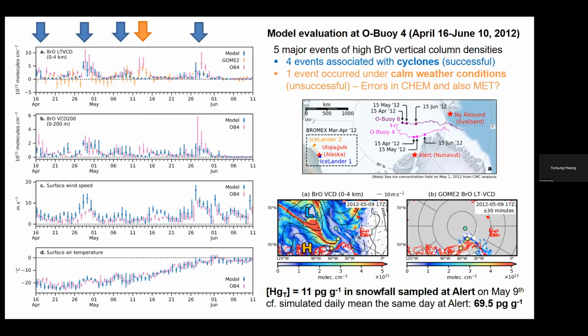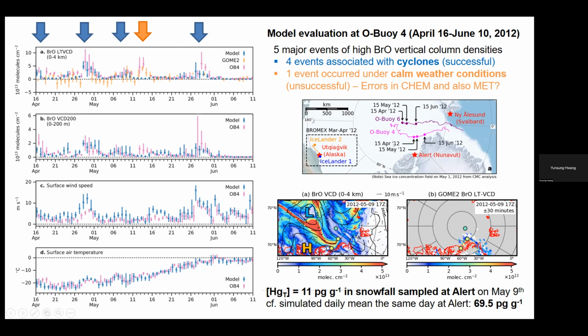And this is a model evaluation example over an O-Buoy floating north of Greenland at this time of the year in 2012, from mid-April to mid-June. And actually the buoy itself was launched in the previous year in the fall, and they ended the operation in the next summer. So it actually drifted away from near the North Pole to the east of Greenland over a year.